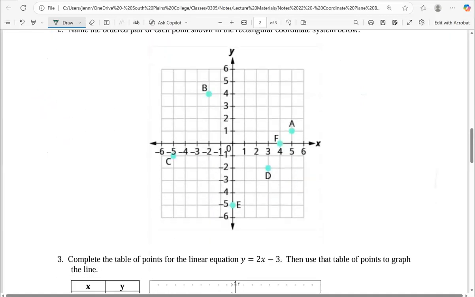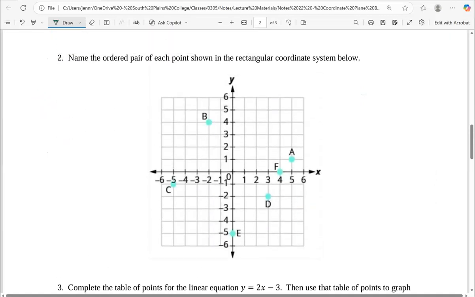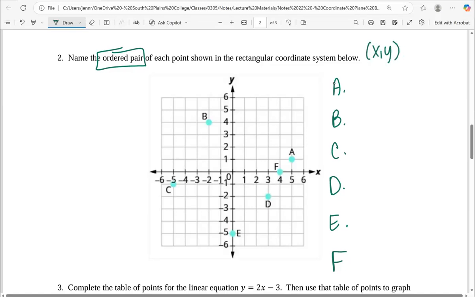But we also need to practice identifying the ordered pairs given the graph. So I have points A, B, C, D, E, and F. And what I want us to identify are the ordered pairs, the x, y coordinates that they belong to.